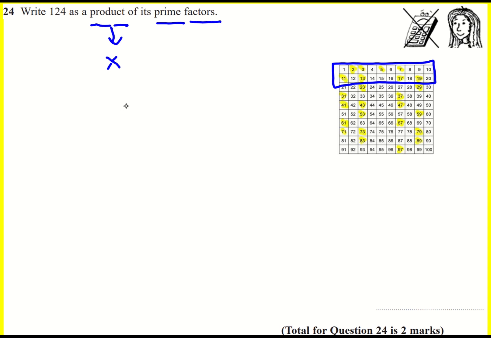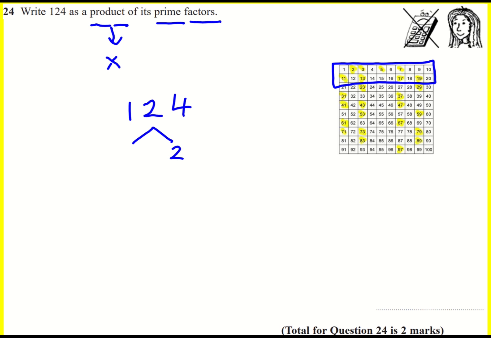Well, we look at the number 124 and we look at some factors. So we're looking at numbers that go into 124. Well, an easy win here would be the number 2. Why? Because it ends in an even number, so I know that 2 must go into it.